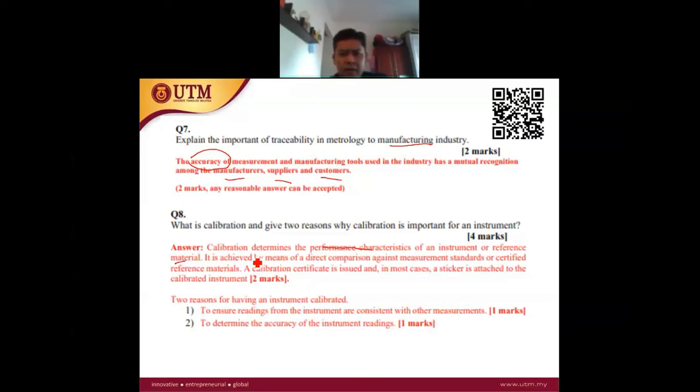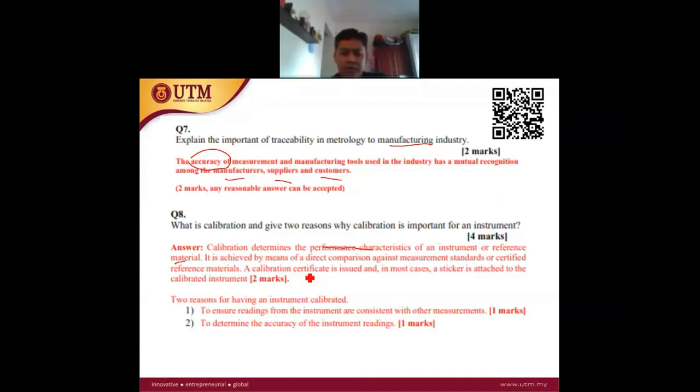Basically, calibration comes with documentation, at least in the form of a sticker. In the sticker is stated the date, the serial number, the name of the person who conducted the calibration, the result, and also the due date of the next calibration process.